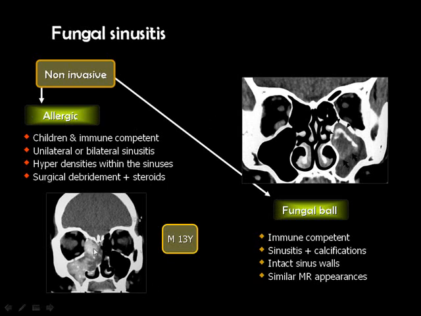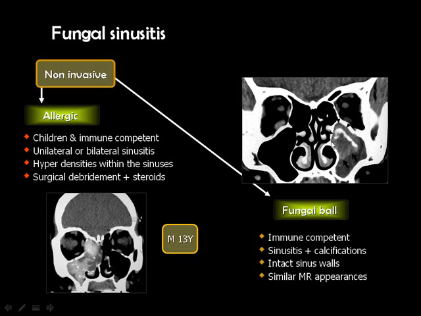Number one, you can see hyperdense secretions or masses inside the sinuses, and this hyperdensity of the fungus is related to the presence of many pigments in the fungus itself, and this gives the fungus a hyperdense appearance either without or with contrast injection. Another appearance of the fungus is the presence of a fungal ball, and you can diagnose the presence of a fungal ball by the presence of calcium inside the fungus itself.